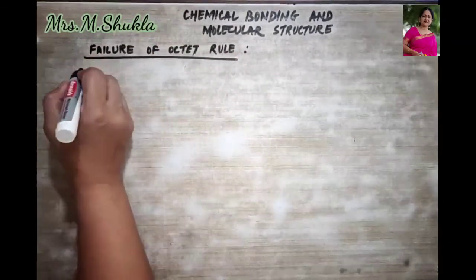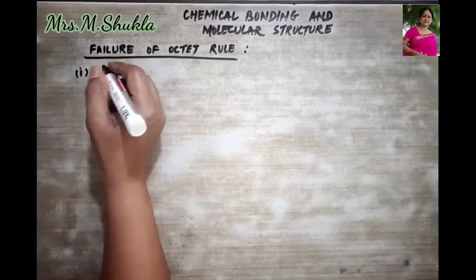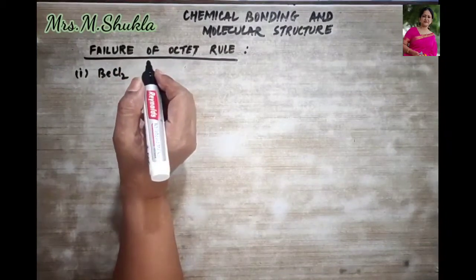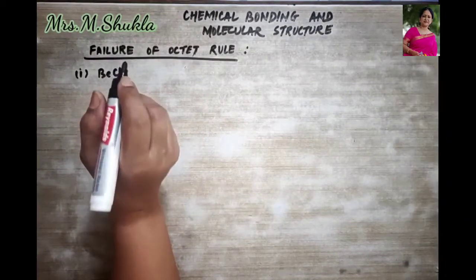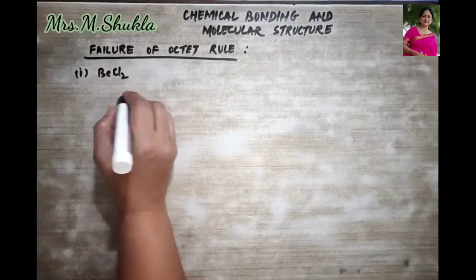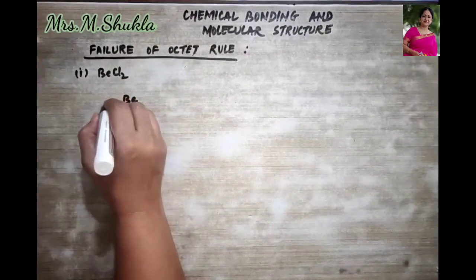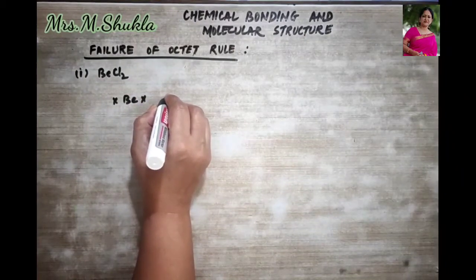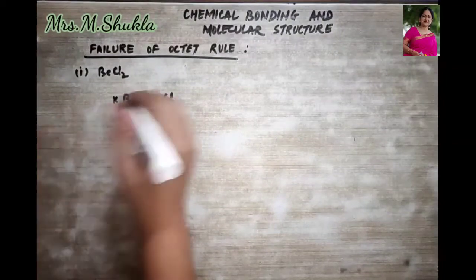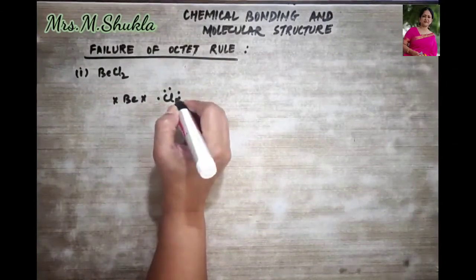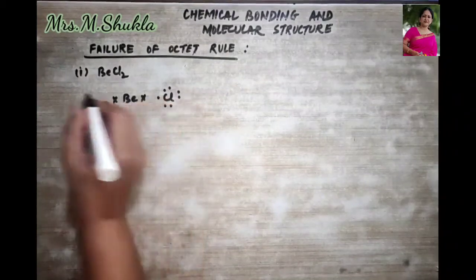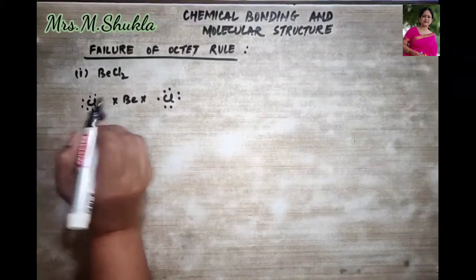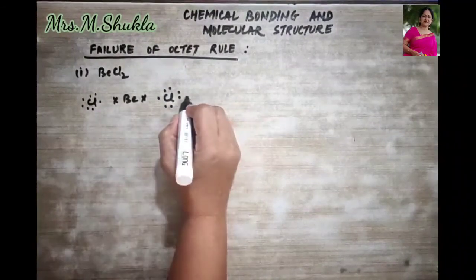To begin with, let us take the first example of the beryllium chloride structure. This beryllium chloride is a stable molecule, remember. Beryllium is Be with 2 valence electrons, and it will combine with two chlorine atoms, each with 7 valence electrons.